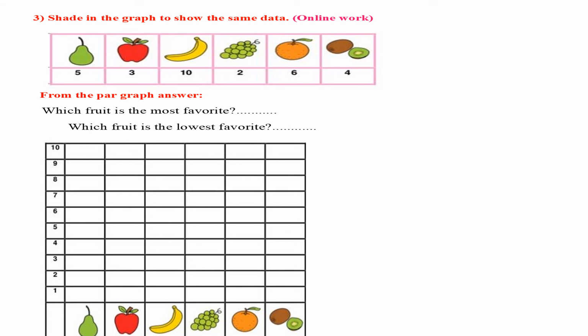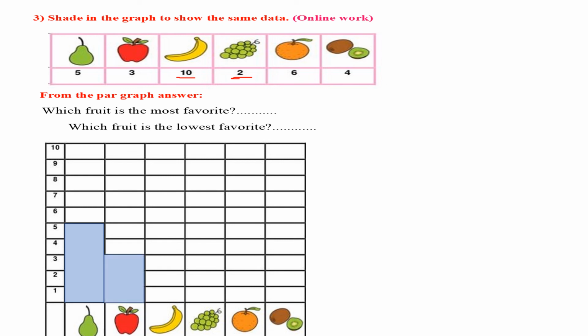And which fruit is the lowest favorite fruit? The last one has the smallest number. Grapes. So the grapes had the lowest and banana had the greatest. Now I will shade the numbers. Pears have 5.